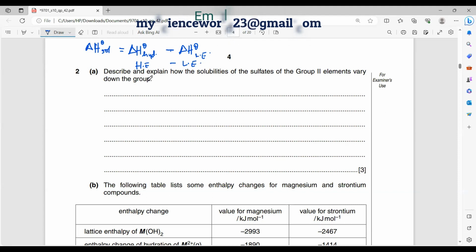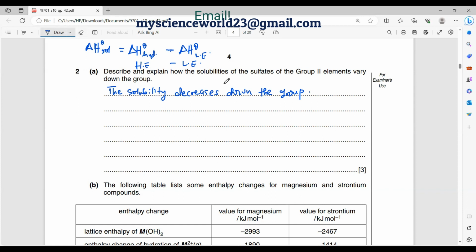Looking at the sulfates of group 2, the solubility of the sulfates decreases down the group. So it decreases down the group.